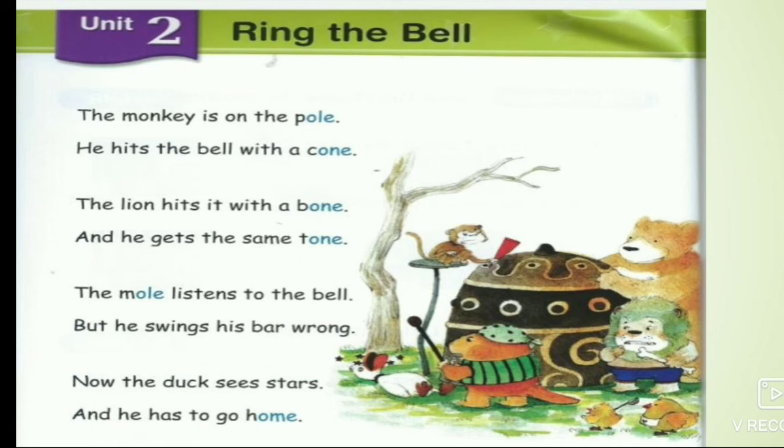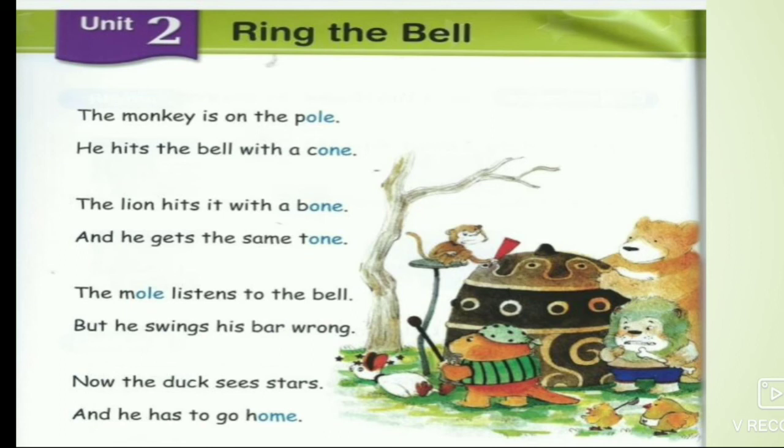Sentence number 7. Now the duck sees stars. Why did the duck see stars? Because, go back to sentence number 5 and 6, because the mole swung his bar wrong. Okay?